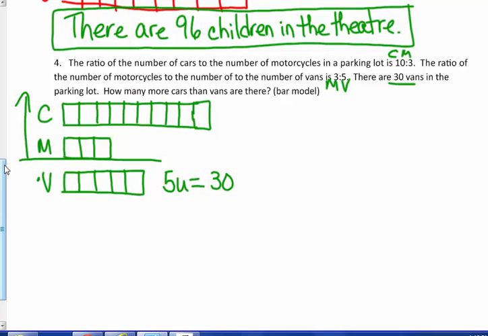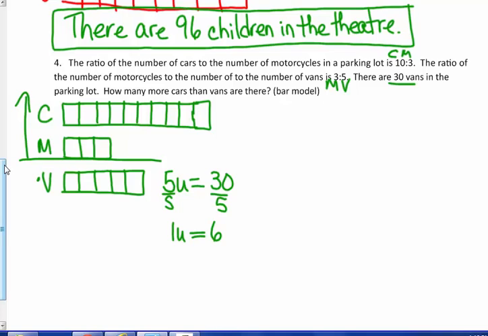There are 30 vans representing these 5 units. So if I divide by 5, I will get that one of those units or one of those bars represents 6. How many more cars than vans are there? Now I do have to look at the cars.